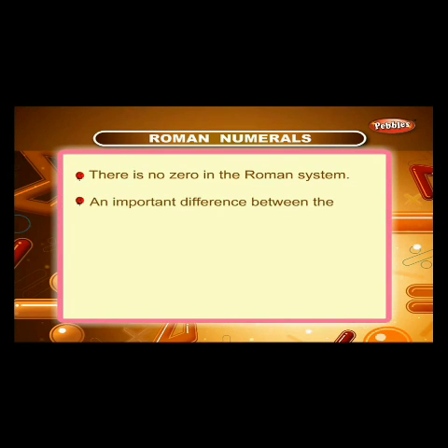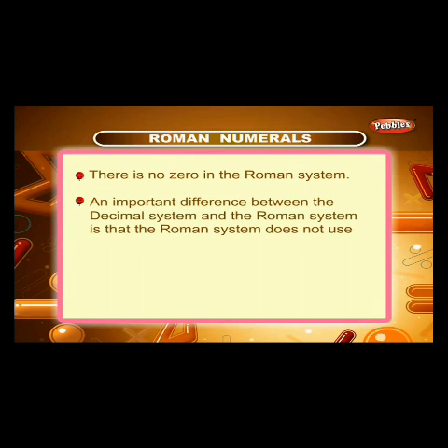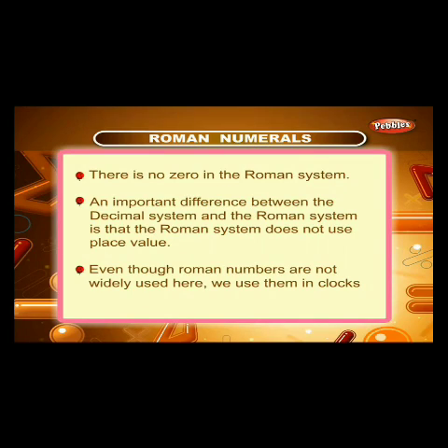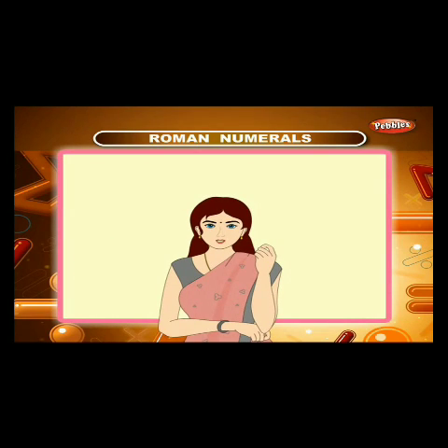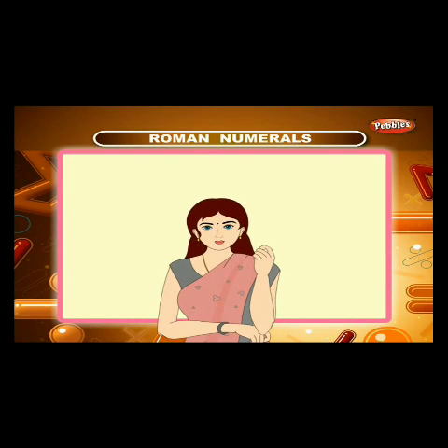An important difference between the decimal system and the Roman system is that the Roman system does not use place value. Even though Roman numbers are not widely used here, we use them in clocks and classroom numbers in schools. Let us now see the important rules for writing the Roman numerals.